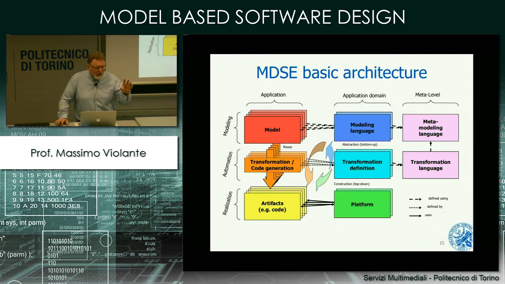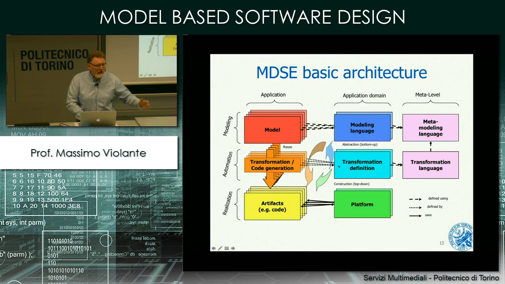Starting from the model, there will be a tool, the code generation tool, that will take care of transforming the model into something else. This is regulated by a set of transformation definition, and these are specific of the purpose we want to achieve in this transformation.